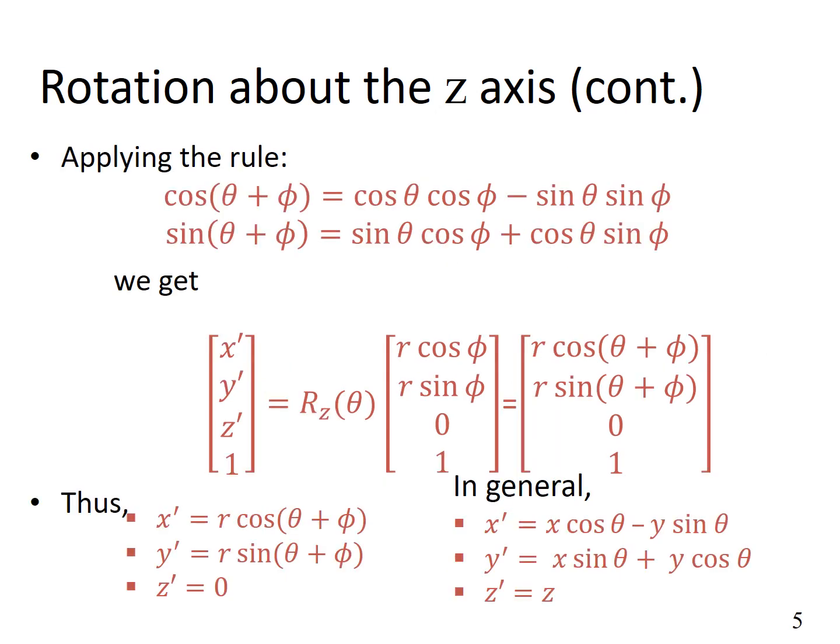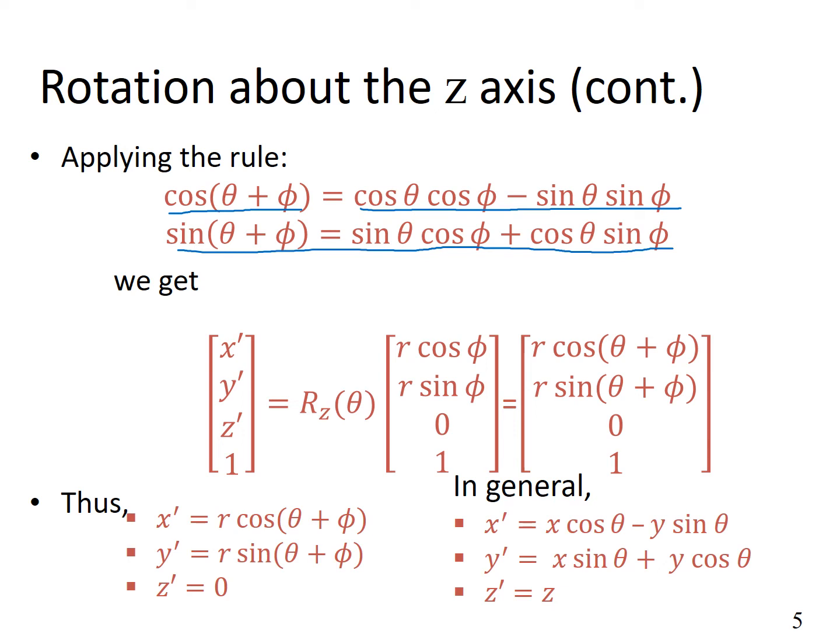Now looking at the trigonometric expansion, we use this formula for that. So cos of theta plus phi is equal to cos theta cos phi minus sin theta sin phi, and sin of theta plus phi is equal to sin theta cos phi plus cos theta sin phi. These are formulas, and if you're ever required to do these calculations, you'll be given these formulas.